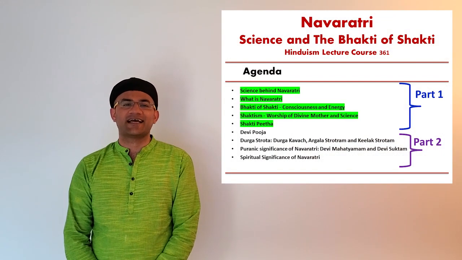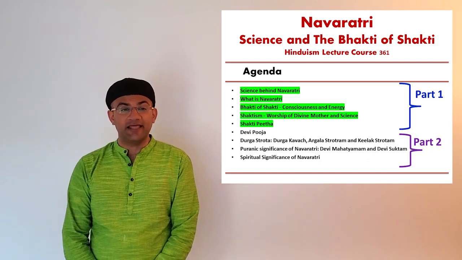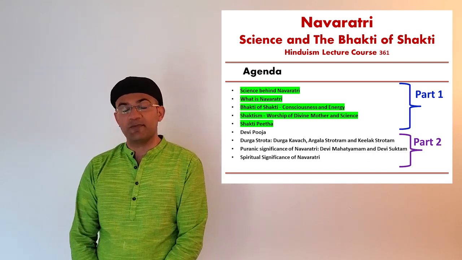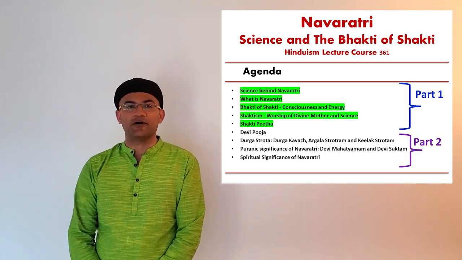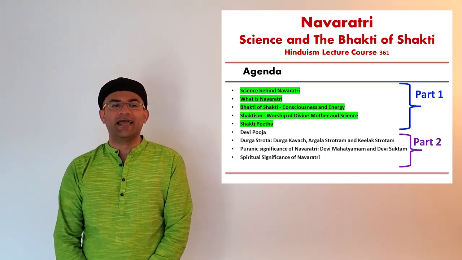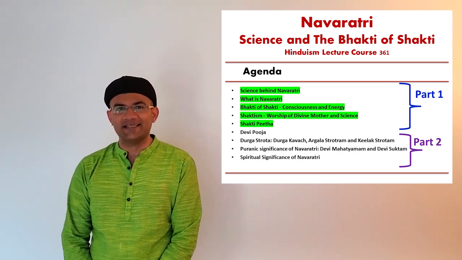Let's recap quickly what we have covered in this first part of the video. We looked at the science behind Navaratri. We looked at what is Navaratri. Then we understood what is Bhakti of Shakti, the consciousness and energy, the two aspects of Divine Mother, and Shaktism, the worship of Divine Mother and the science behind it.